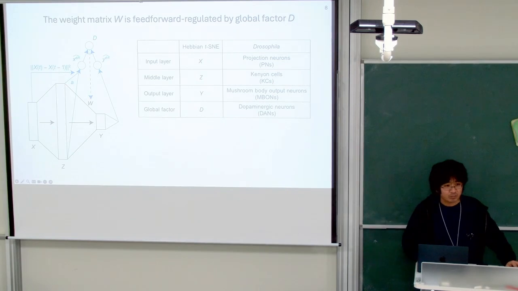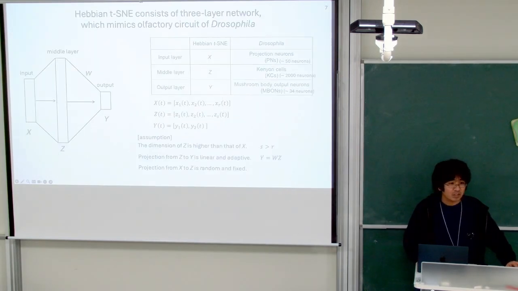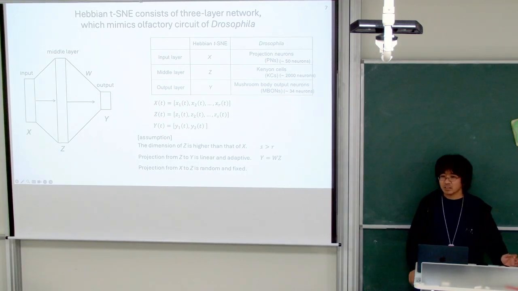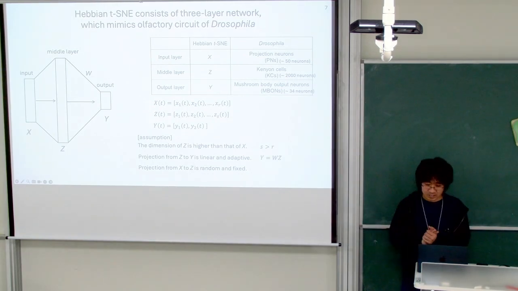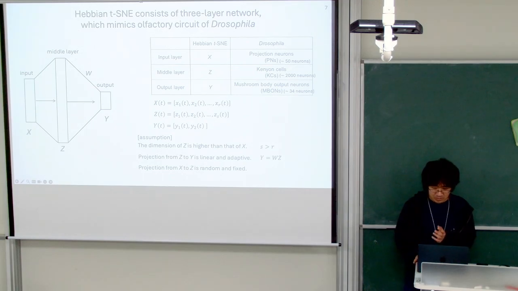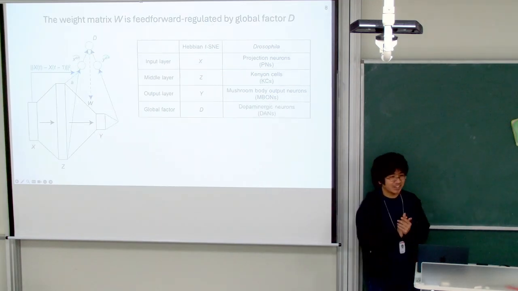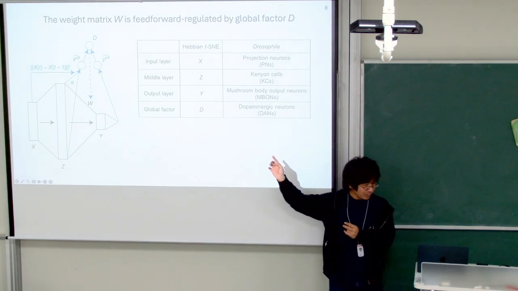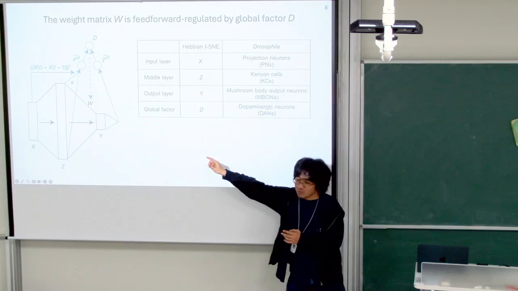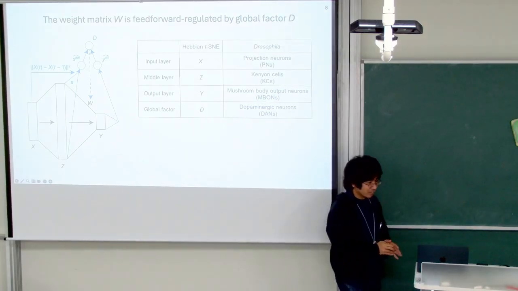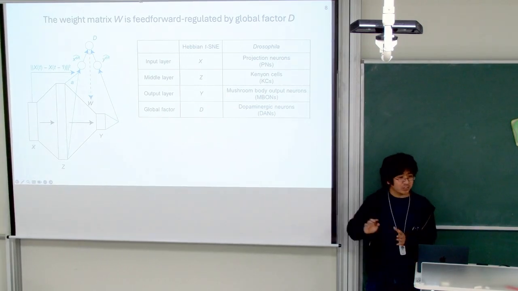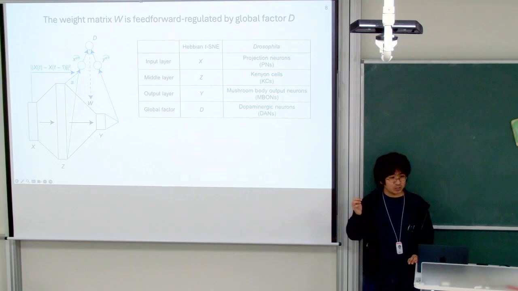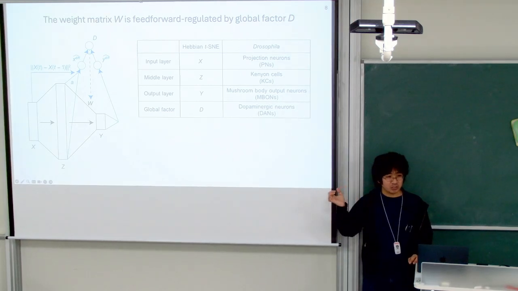So is there any mathematical advantage to using a larger dimension for Z compared to X? Maybe it's in the next slide. By introducing the middle layer, the update rule of the weight matrix is feedforward, not backpropagation.